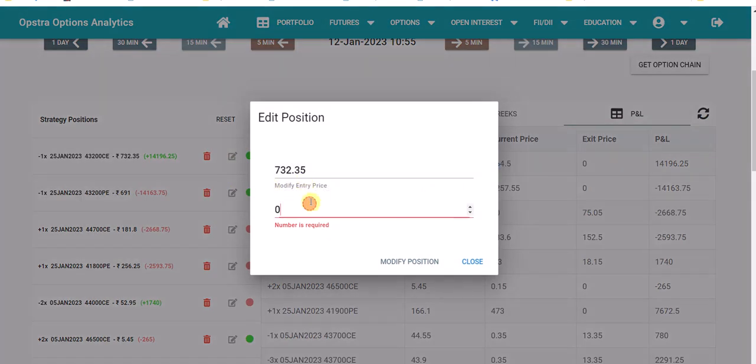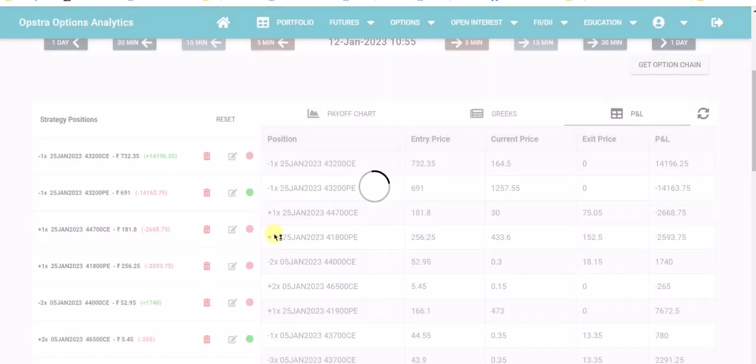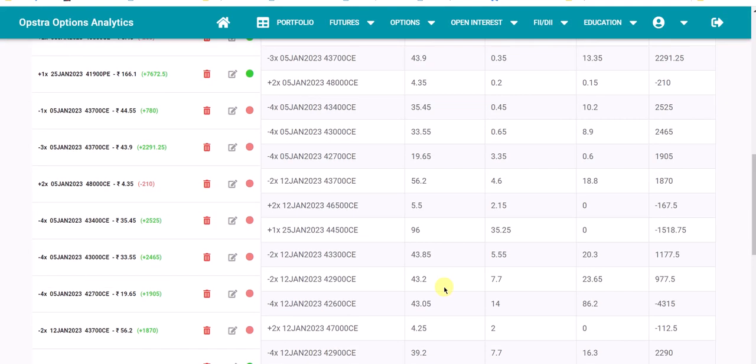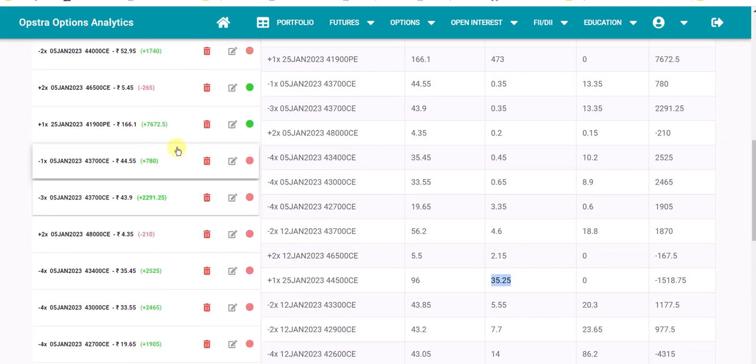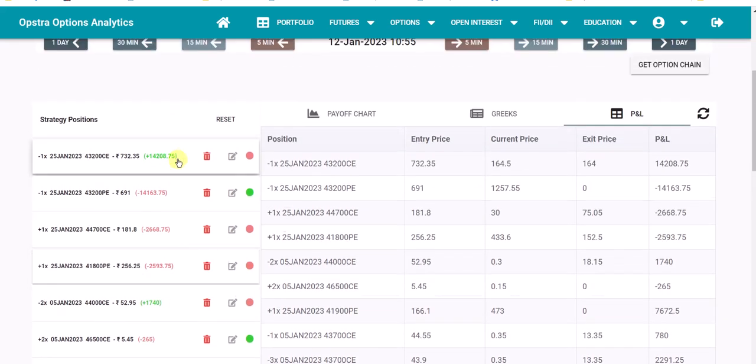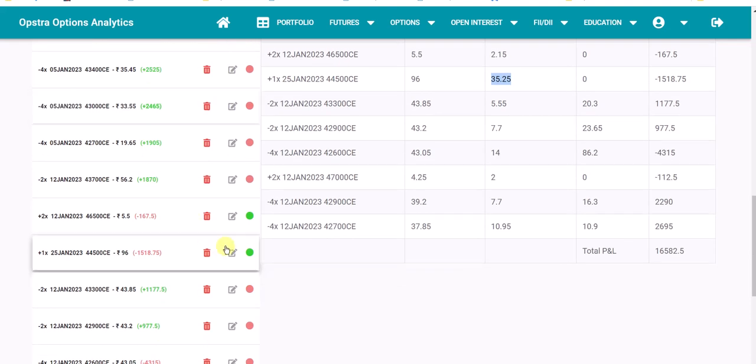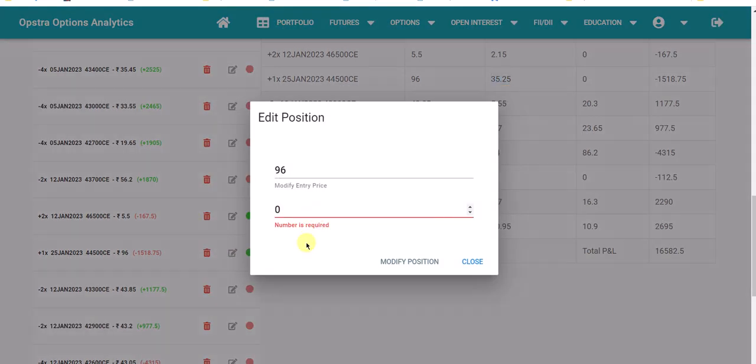And we are booking at 164. .5 is also there. I'll add it another, like reduce it. 35.2, 90, which one? 96 one, right? I'll make it 35.